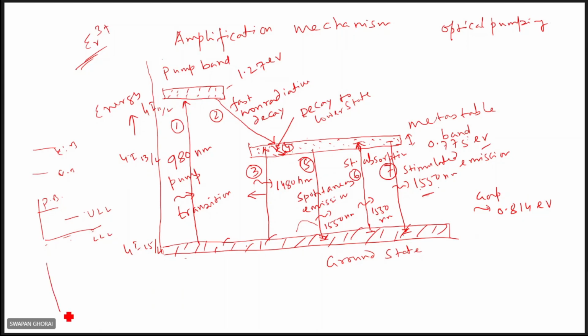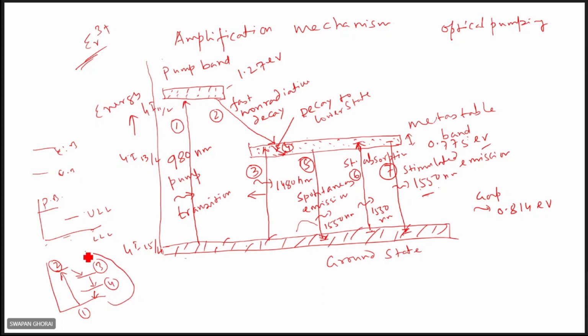In the case of 4-level lasers, the lower lasing level is not the ground state; it is slightly above the ground state. You can see it here. So there are 4 levels: ground level, pump level, upper lasing level, and lower lasing level.